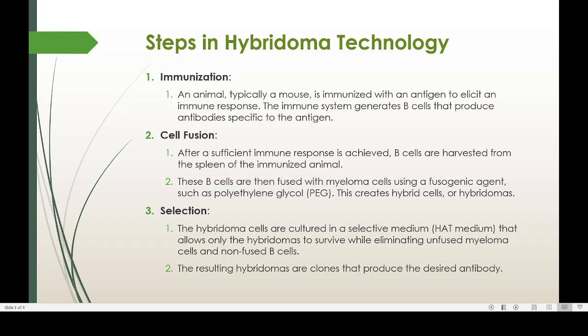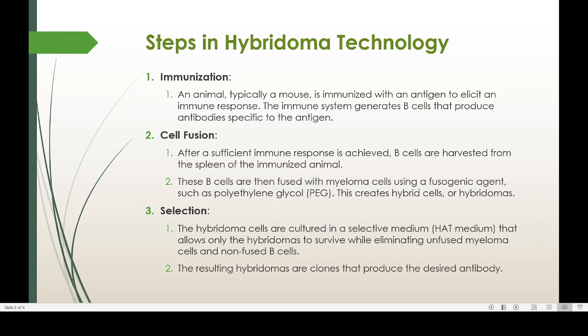Polyethylene glycol is a chemical that facilitates the combination, or union, of a B cell and a myeloma cell. Fusogenic means something that facilitates fusion or union, and that is polyethylene glycol. And as a result, we get a combined cell called a hybrid cell, otherwise known as a hybridoma.